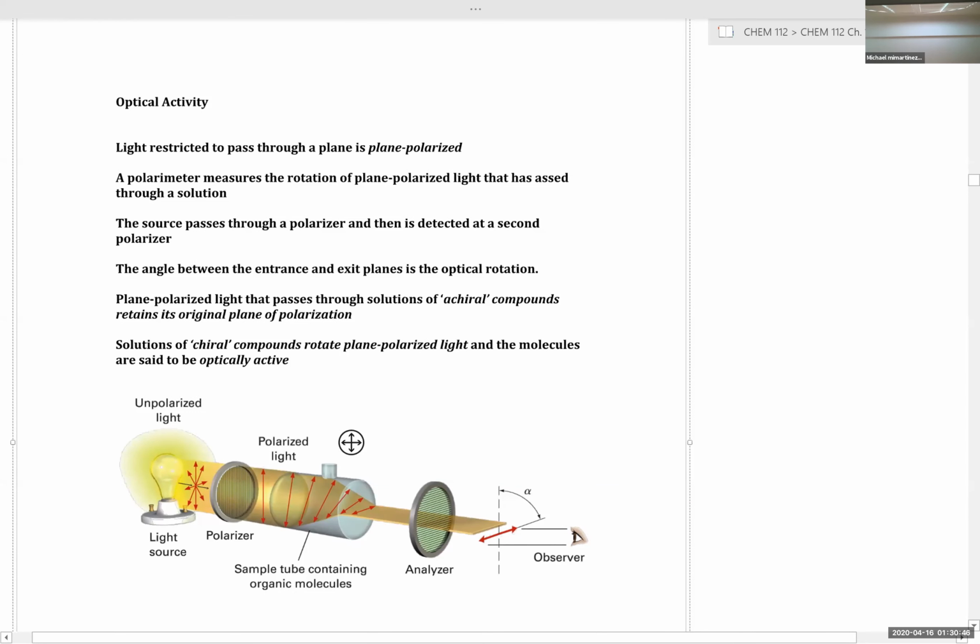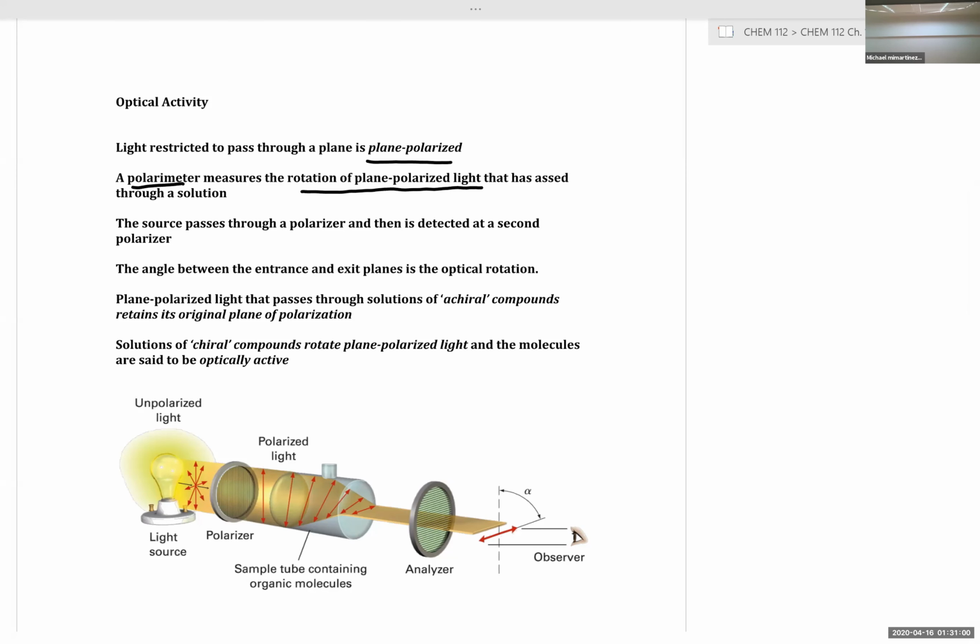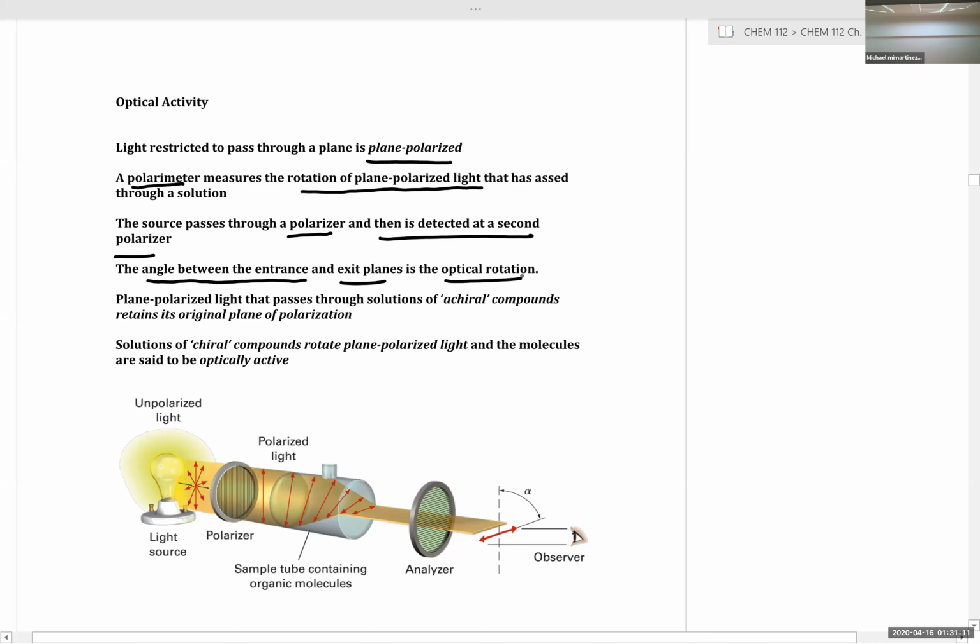Light restricted to pass through a plane is known as plane polarized light. A polarimeter measures the rotation of plane polarized light that is passed through a solution. As the light source passes through a polarizer, it's then detected at a second polarizer. The angle between the entrance and exit planes is known as the optical rotation.